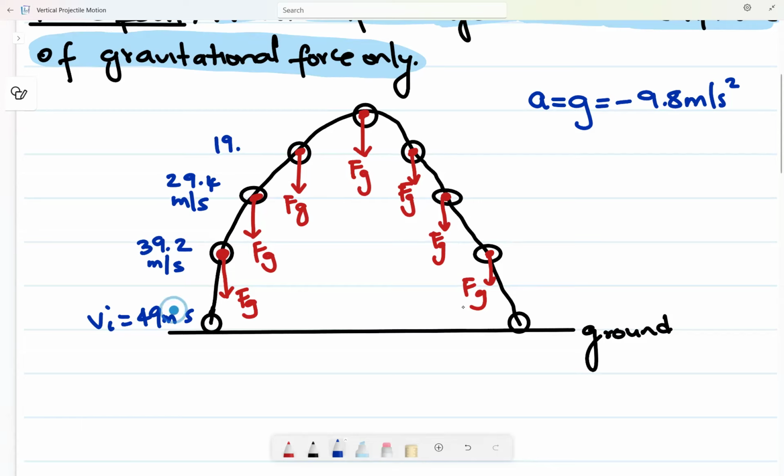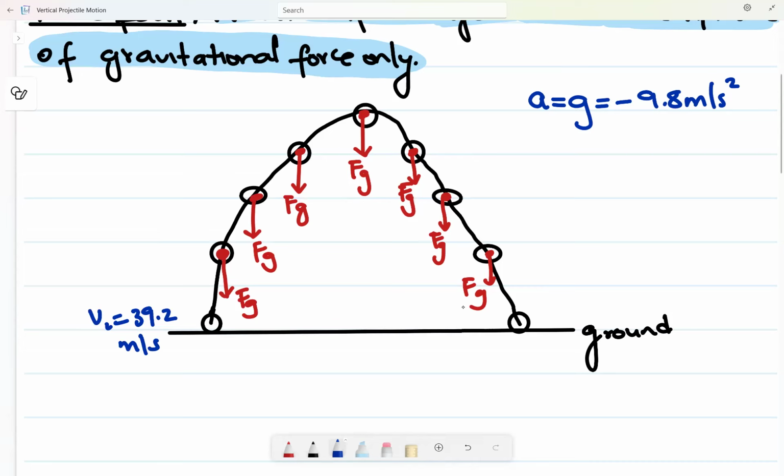Okay, I think I had a bad start. Let's start at 39.2 rather. Let's start at an initial velocity of 39.2 meters per second.